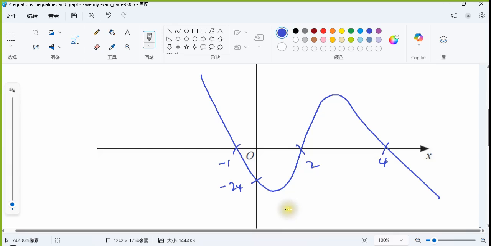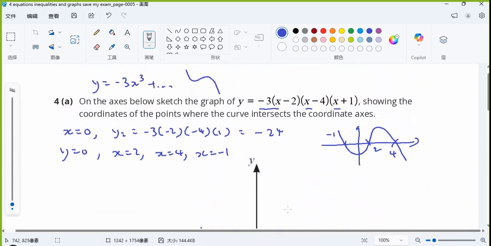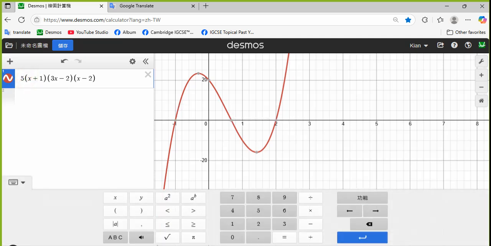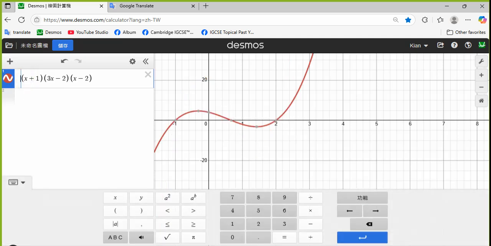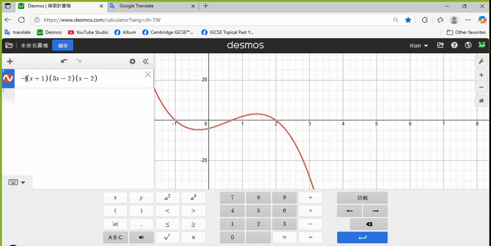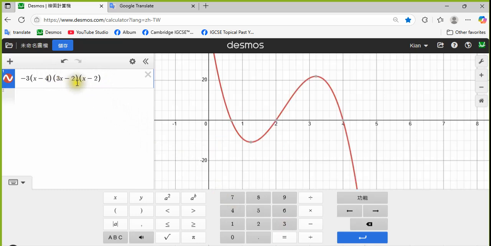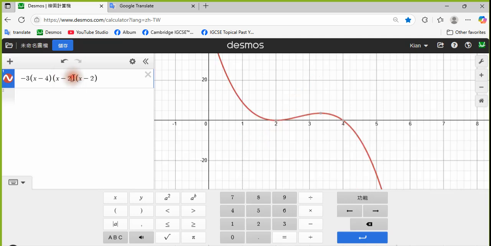If we use decimals, this one we have the -3, and then the x minus 2, x minus 4, and the x plus 1.